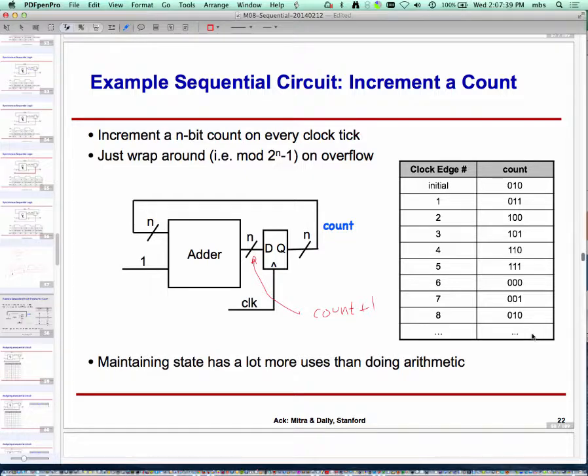Adder, right? So the next state logic is the adder. It's taking the current state, which is count, it's taking the input, which is 0, 0, 0, 0, 1, and it's generating the next state, which is count plus 1. What about the output logic?